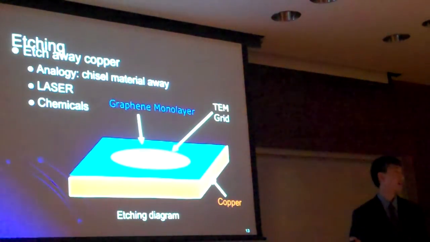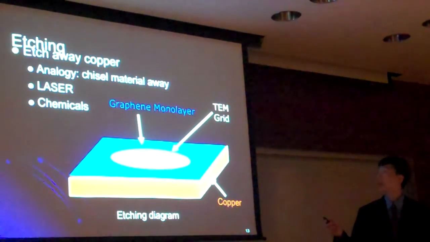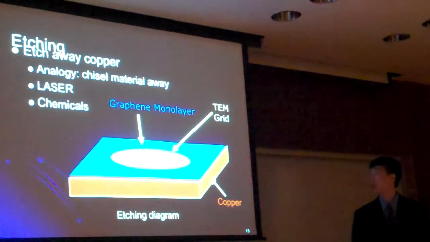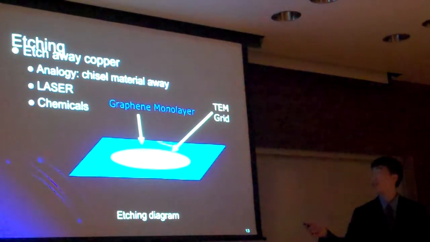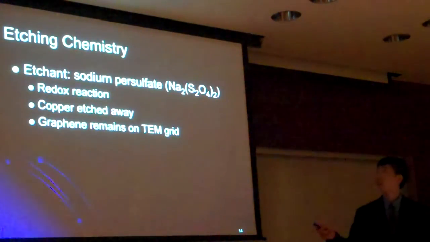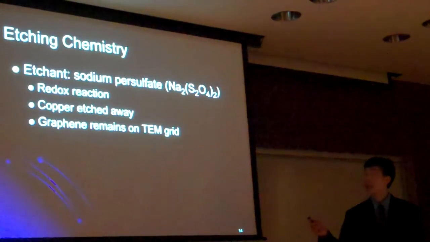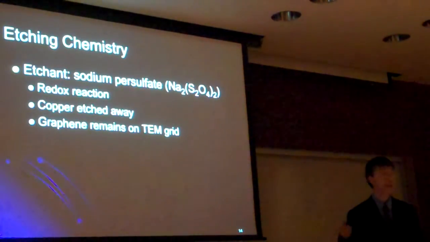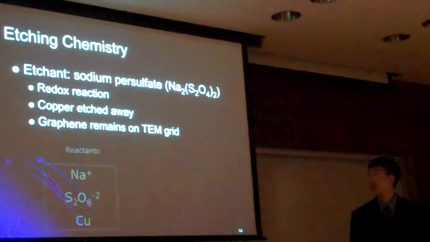An analogy would be using a chisel to chisel away wood. And you can use lasers or you can use chemicals. In our case, we use chemicals to get rid of the copper, and leave just the graphene on the TEM grid. So our chemical we used was sodium persulfate, and it etches away the copper by a redox or reduction oxidation reaction.